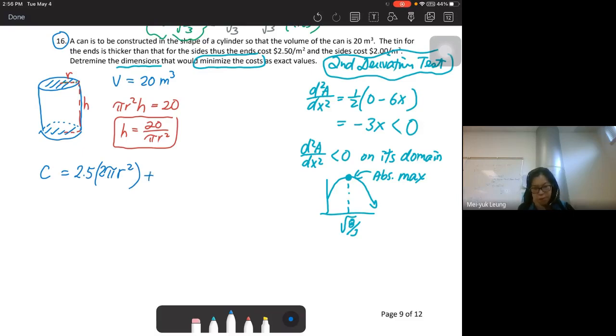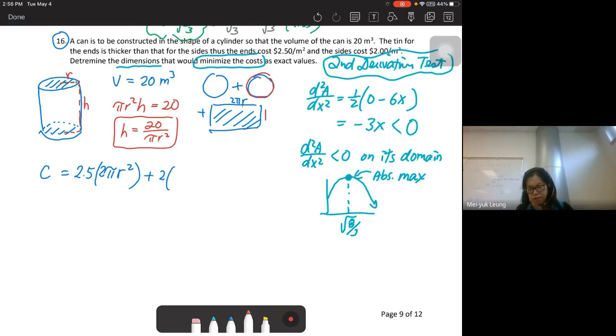Plus the side: when you cut it open, it becomes a rectangle, at $2 per meter squared. The length is 2 pi r, the circumference of the circle, and the width of this rectangle is the height of the cylinder. So we have 2 times 2 pi r times h.